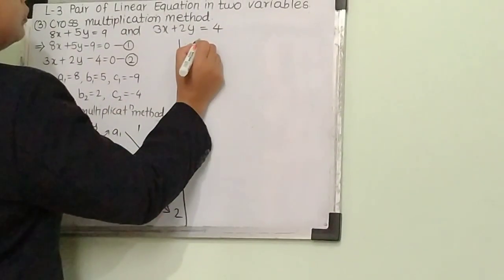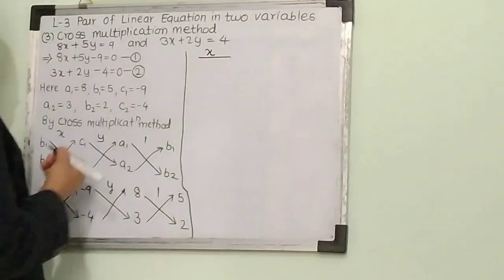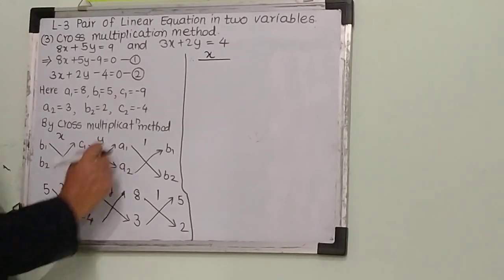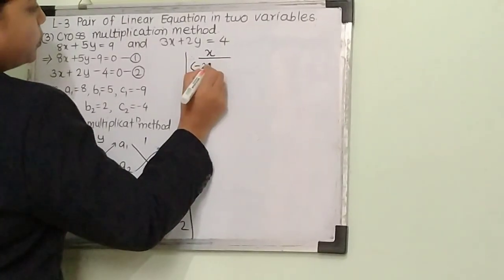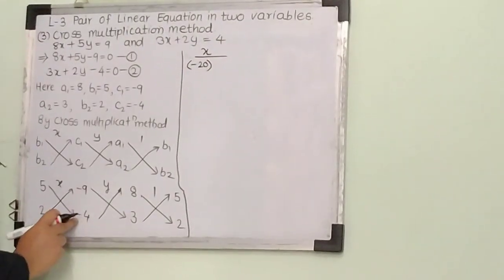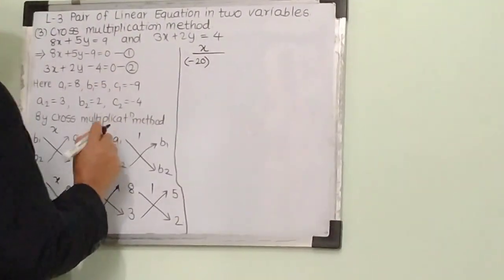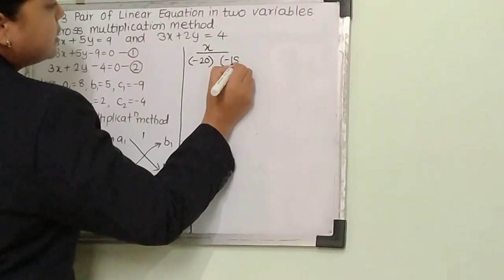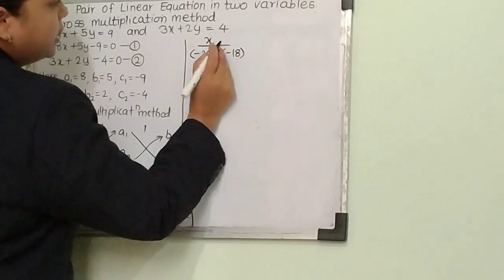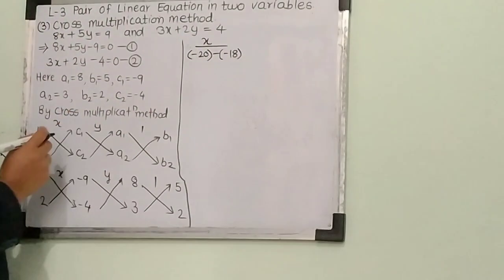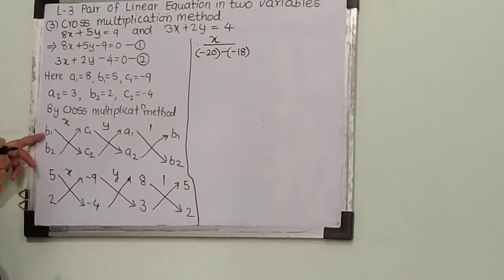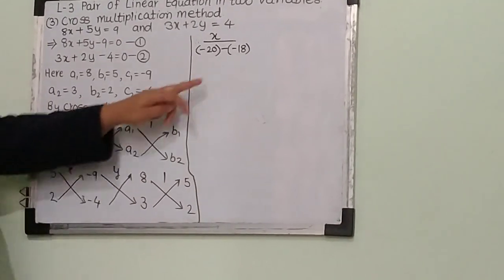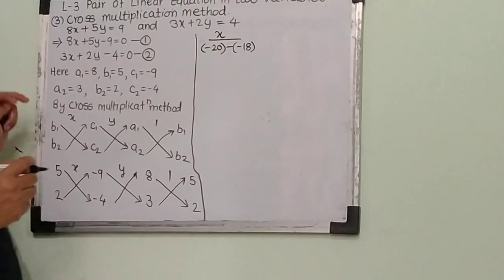that first x is there, so x upon cross multiplied first 5 into minus 4, so it comes minus 20. Then we have to multiply 2 into minus 9, that is minus 18, and we put in between the sign minus. It means that we have to multiply b1 c2 and c1 b2 and subtract them.